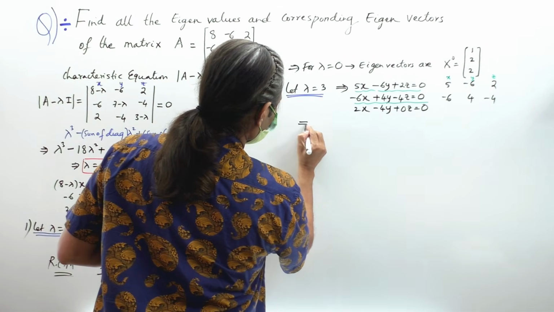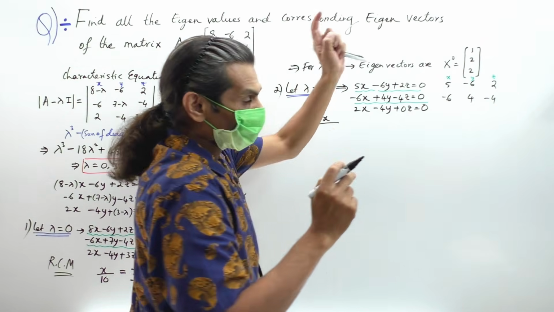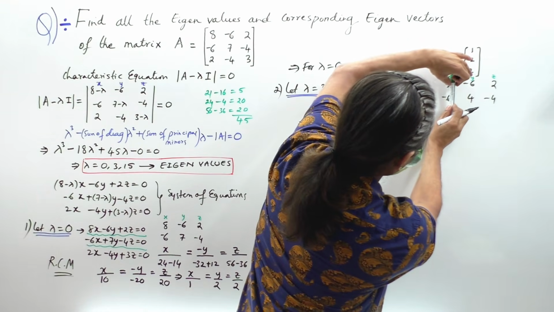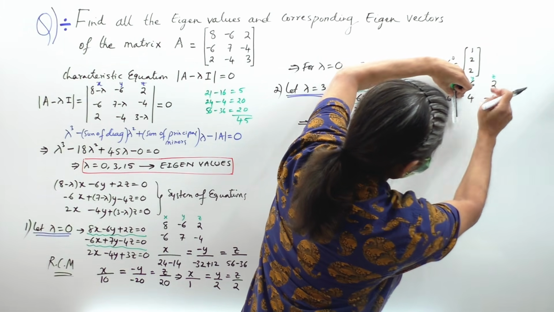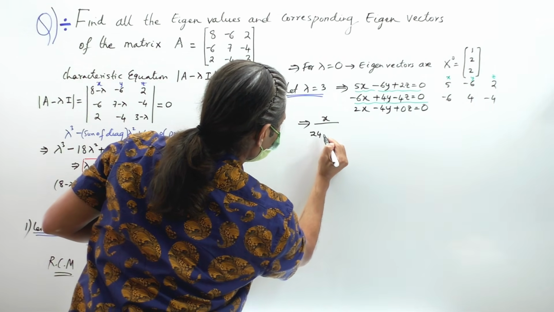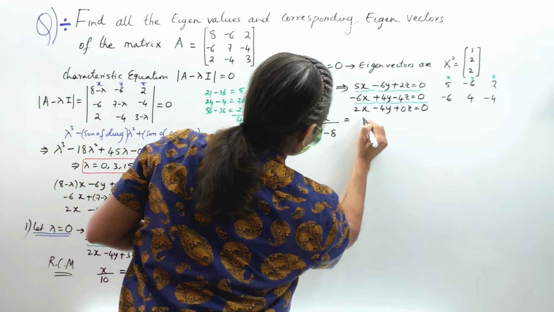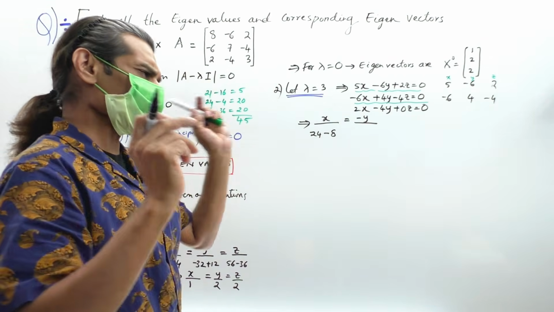So for that, x whole divided by, again listen carefully. For x, leave the x column. 6 into minus 4, sorry, minus 6 into minus 4 is plus 24, minus 4 into 2 is minus 8. Again, the second term is always minus. Remember it.